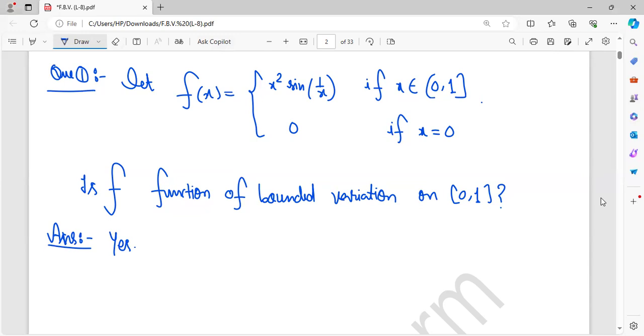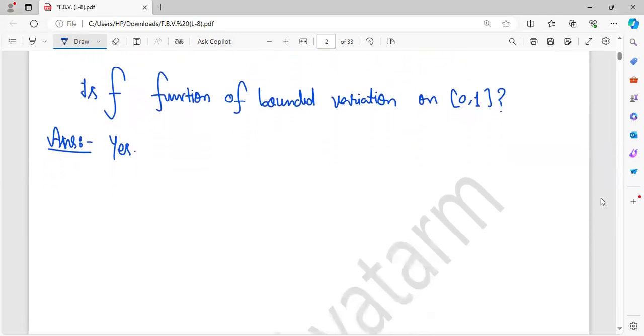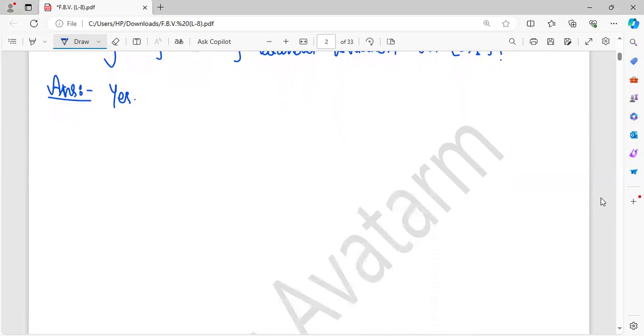So first of all, you observe that it is continuous on closed interval [0, 1].